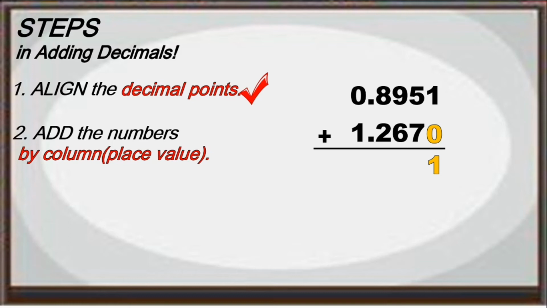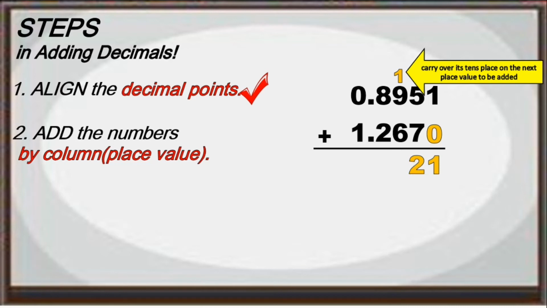As you could see, the sum is a 2-digit number. So what we can do is carry over its tens place, which is 1, to the next place value that is to be added. Then leave 2 below.